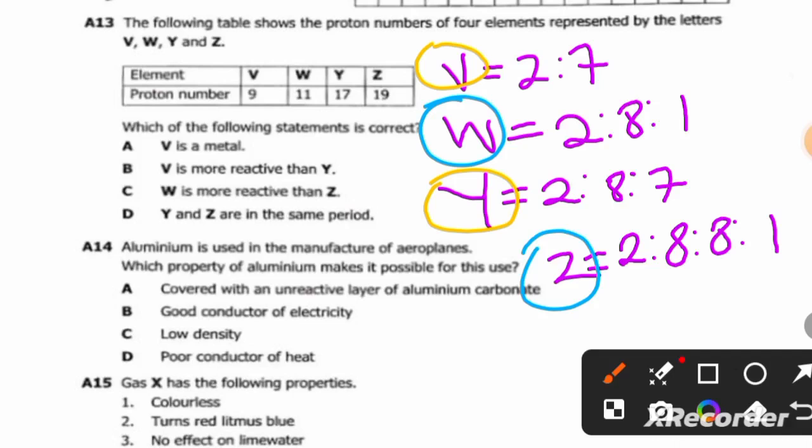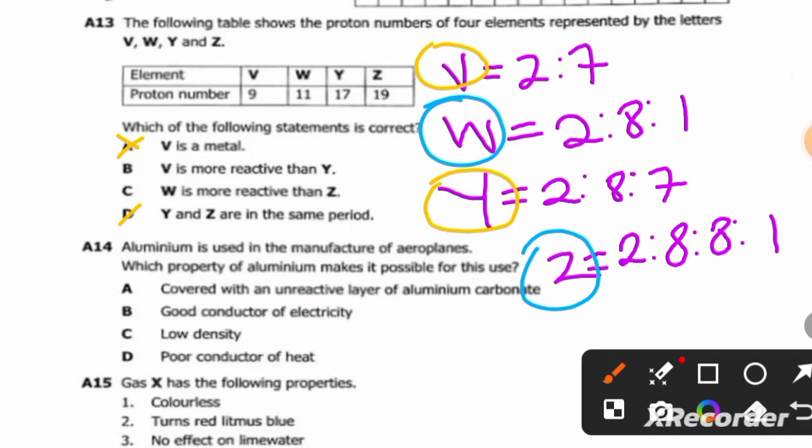Okay, A says V is a metal. No, V is not a metal. We have seen that this one is coming from group 7, and we don't expect to see metals from group 7. Let us also consider D, Y and Z are in the same period.